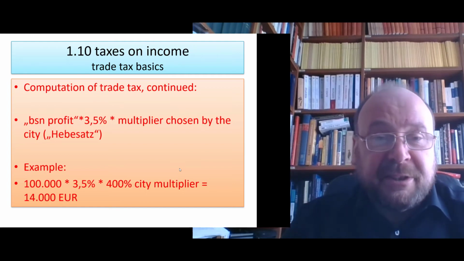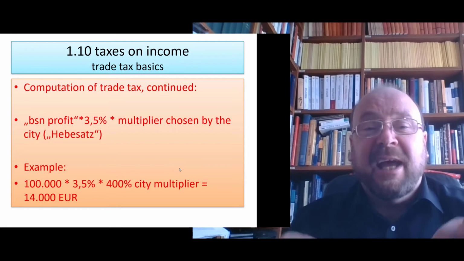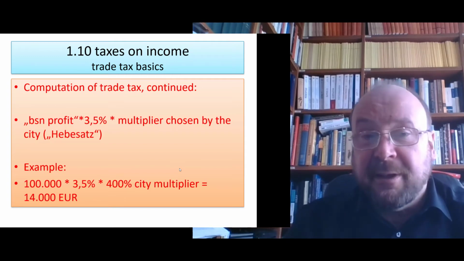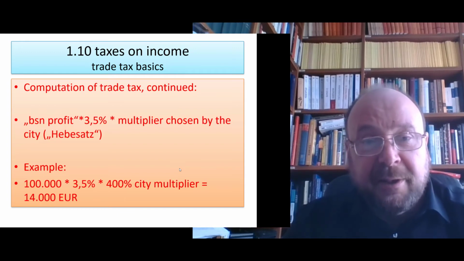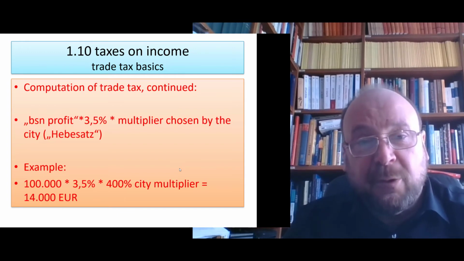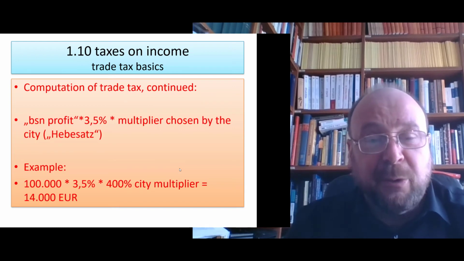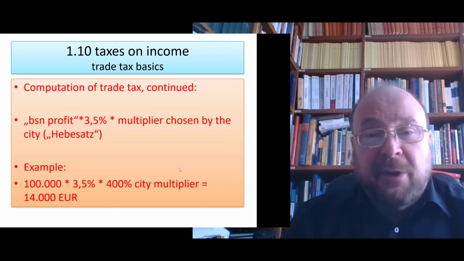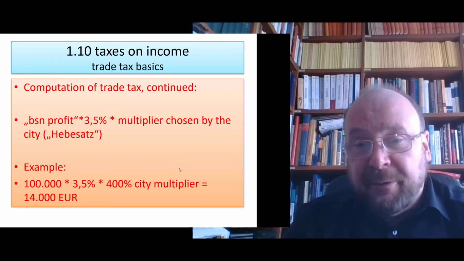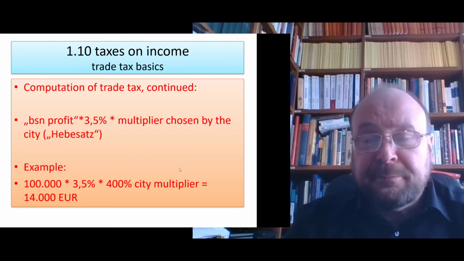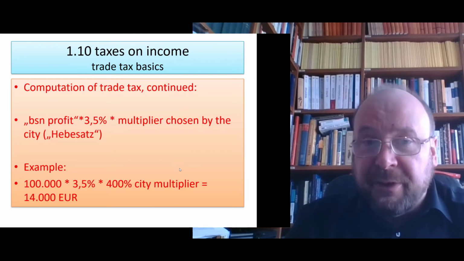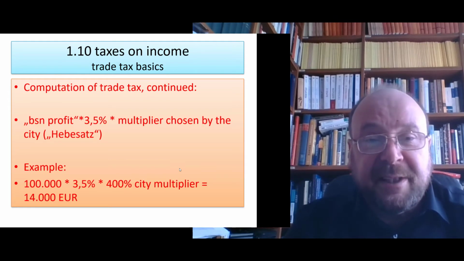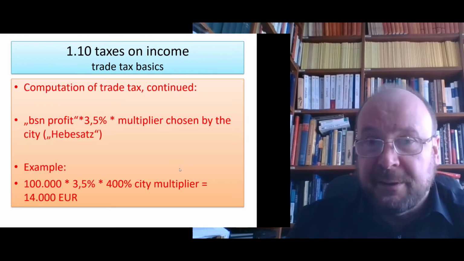And now, ladies and gentlemen, one thing is very, very important. Never ever tell a foreign investor that you live in a city with a trade tax rate of 400%, because that will give them a shock. 400%. Well, I only earn 100%, so no, this is terror for an investor. So you must immediately tell them it's 400% of 3.5%, so it's nothing else than 14% plainly of the profit.